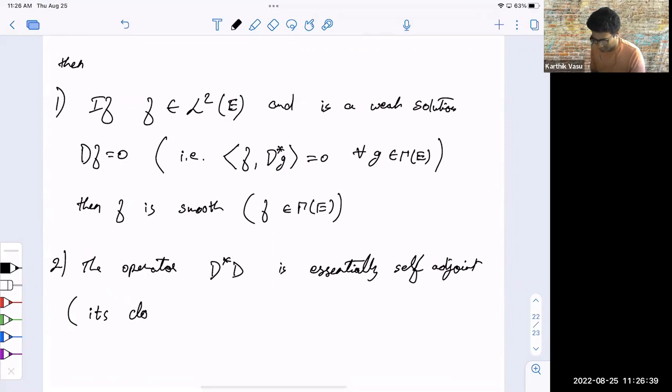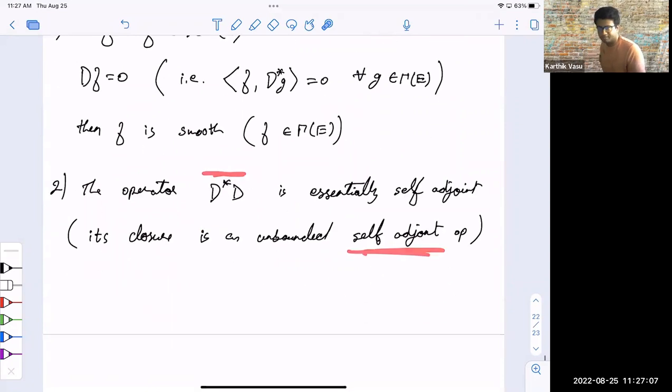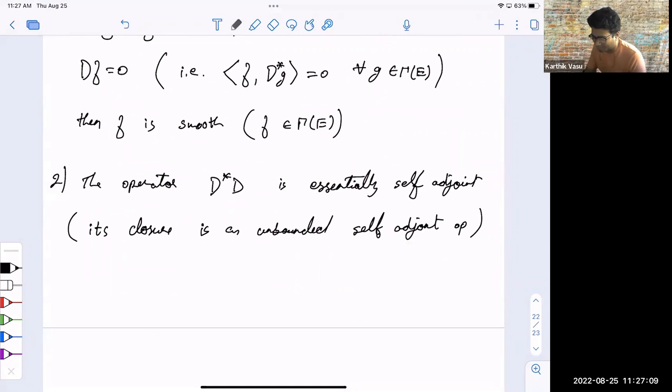So you take its closure, which is defined in some way. That is a self-adjoint operator as an unbounded operator. Basically, what that allows me to do is it will give me a spectral decomposition of this, and I can do functional calculus of it.